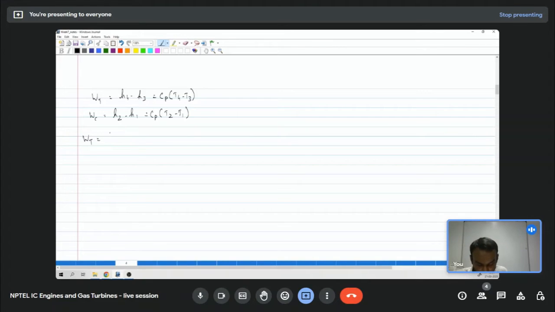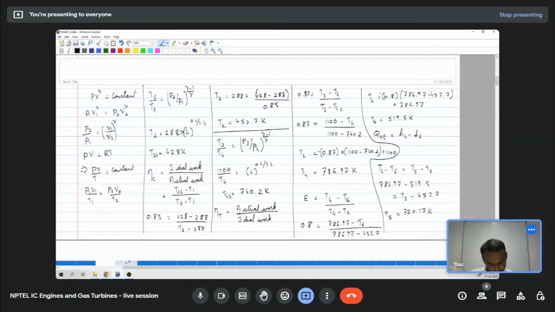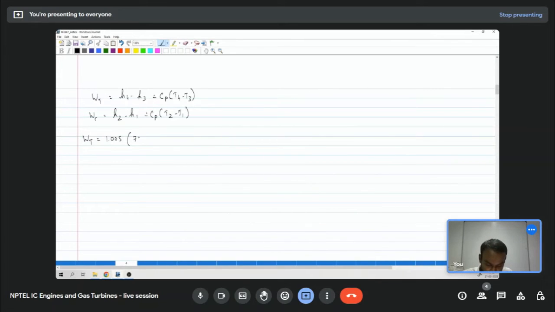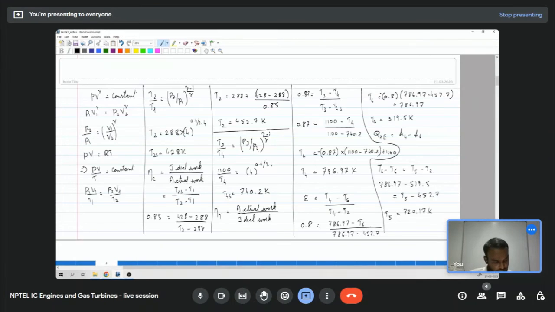So turbine work can be written with Cp as 1.005, T4 is 786.97 minus T3 is 1100.